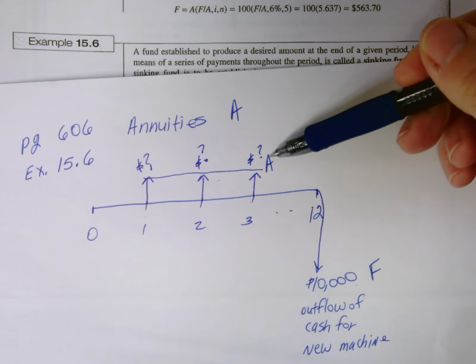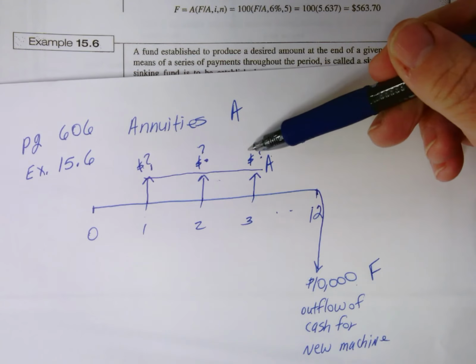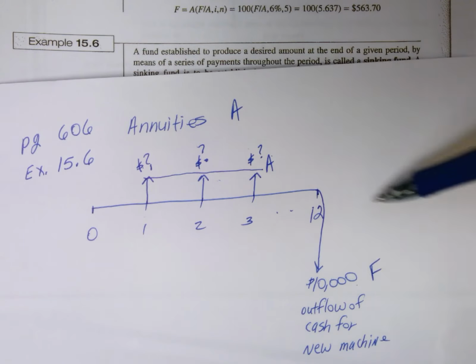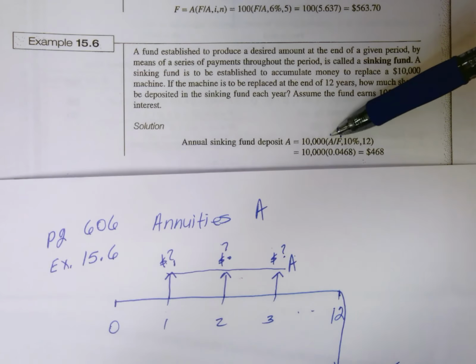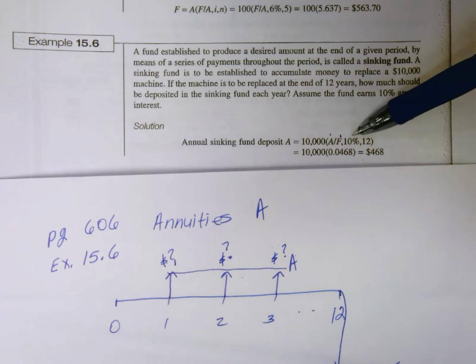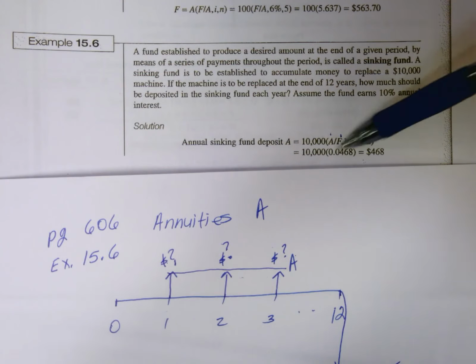And we want to find A, the annual deposit needed, so at the end of 12 years we'll have that $10,000. So we set it up as find A given F, annual interest rate of 10%, and it's for a 12-year term. So what we're given is the F, $10,000, times a factor.